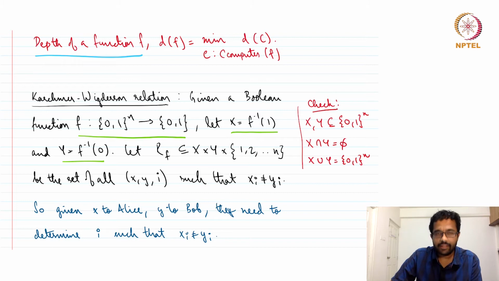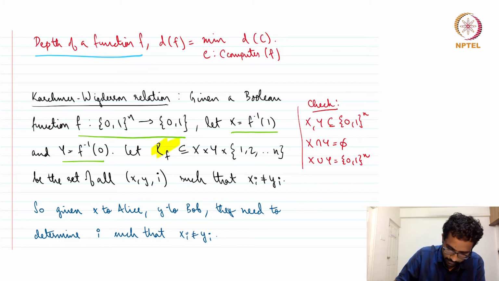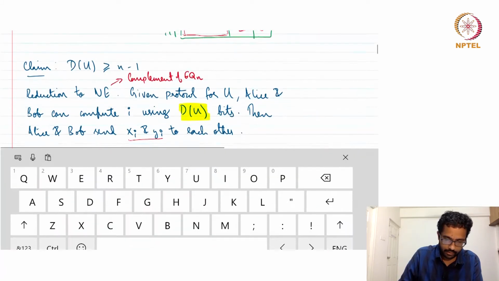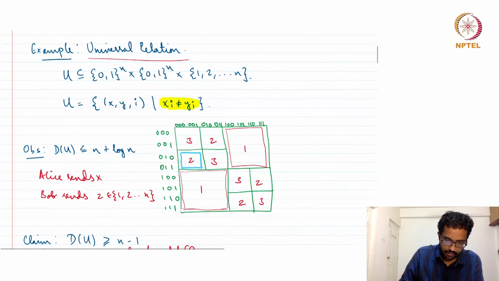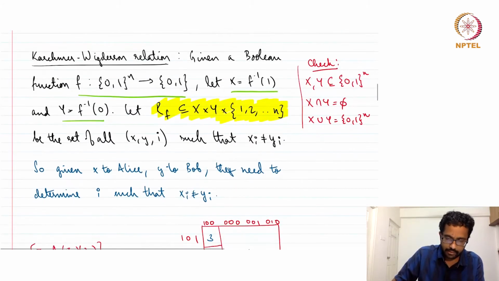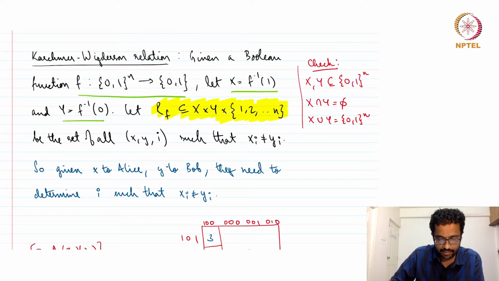Now we define the Karchmer-Wigderson relation, also called R_f. It is like the universal relation, but slightly different. In the universal relation, we allowed {0,1}^n cross {0,1}^n cross {1, 2, 3, up to n}. But here Alice's input, x, is just the 1 inputs, and y is just the 0 inputs.